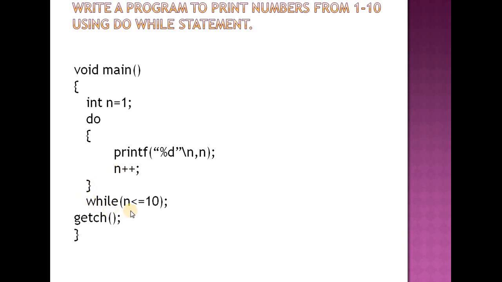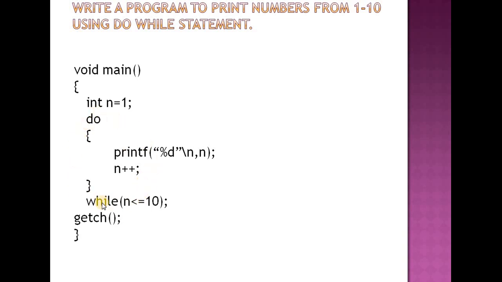With this curly bracket, the condition will be checked. Is 3 less than or equal to 10? Yes. True. So again go back over here. 3 will get printed. Increment the value. It will become 4. Is 4 less than 10? Yes. Go back over here.